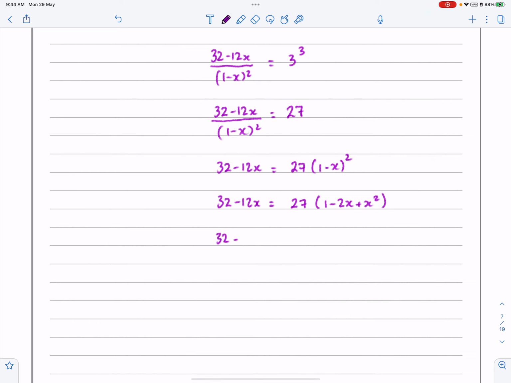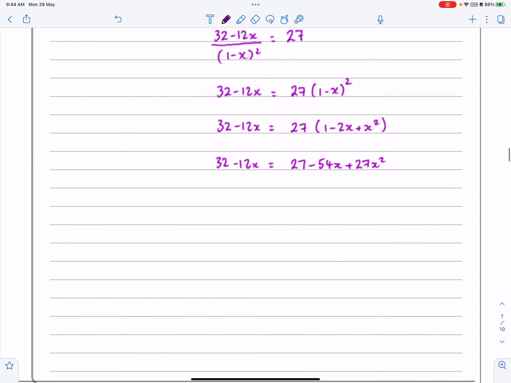So 32 minus 12x equals 27 minus 54x plus 27x squared. And now what I'm trying to do with this is to turn it into our normal quadratic format, which is ax squared plus bx plus c equals 0. Okay, so I've just taken it all over to the right hand side, tidied up the minus 54 plus 12, tidied up the 27 minus whatever.